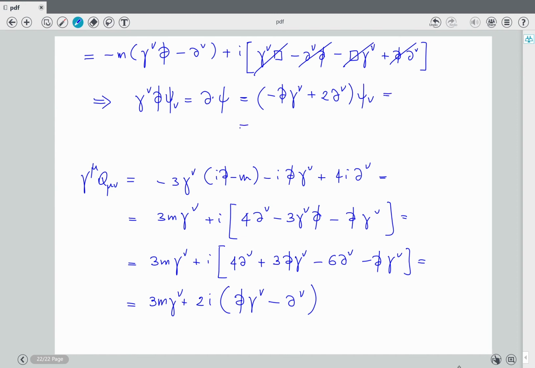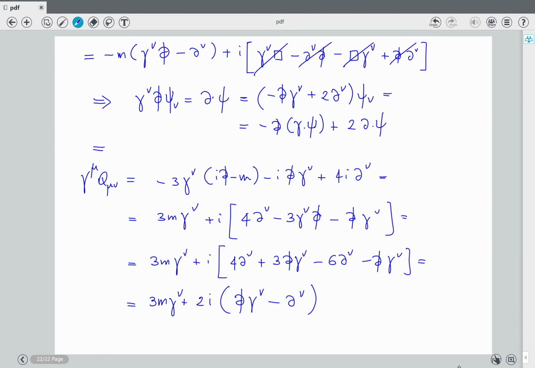Then the two terms there give minus ∂̸ γ·ψ plus 2 the divergence.